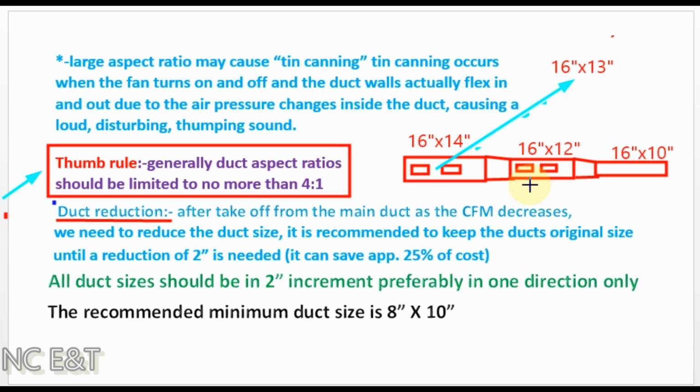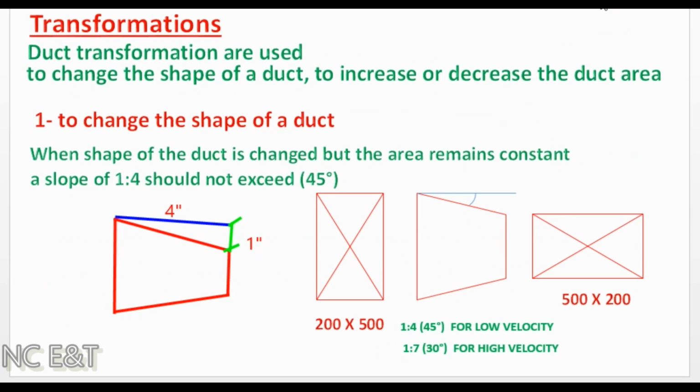So we keep the duct size same. And after 2 branches again when we check the size, we found that we need to make a reduction of 2 inch. Then we make the duct size of 16 by 10 inch. So it is recommended that all duct sizes should be in 2 inch increments, preferably in one direction only. The recommended minimum duct size is 8 inch by 10 inch.